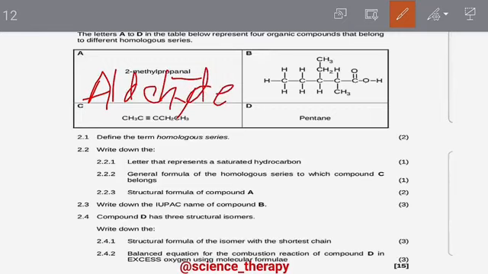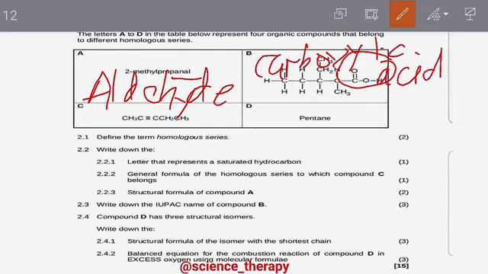And then here from the functional group, the carboxyl group, we can tell that this belongs in the carboxylic acid homologous series. Now compound C, from that triple bond there, we can tell that this belongs in the alkyne homologous series.